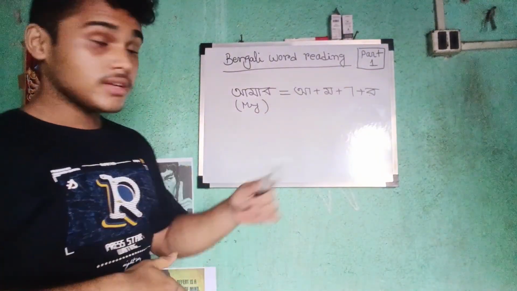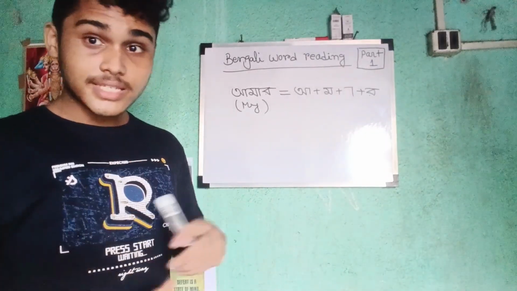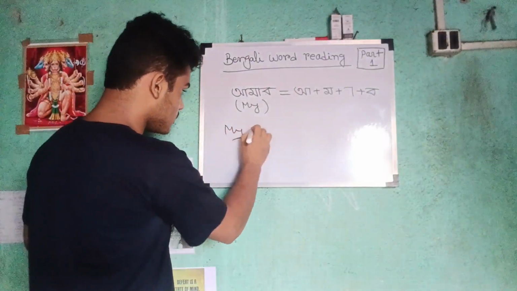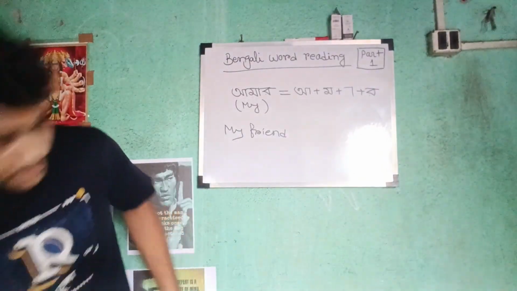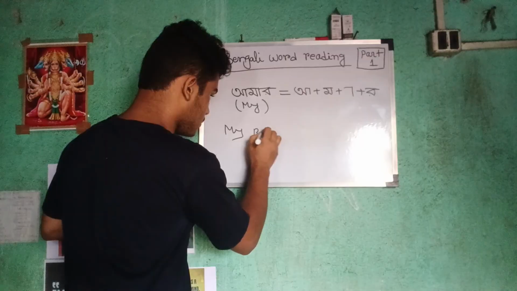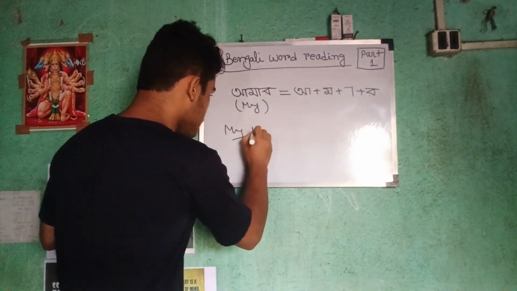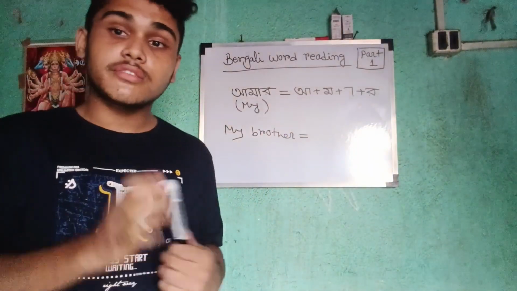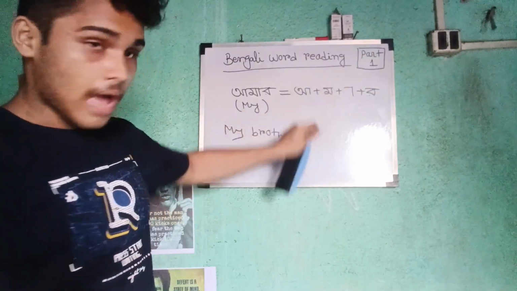So how can we write Amar means my? So my brother means Amar bhai. You know now that brother means bhai, and you know now that my means Amar.